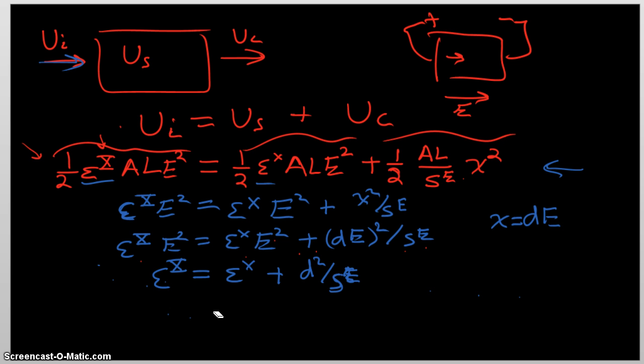Now we can further understand this equation by the following explanation. Let's divide through everything by epsilon^X, the permittivity under constant stress.